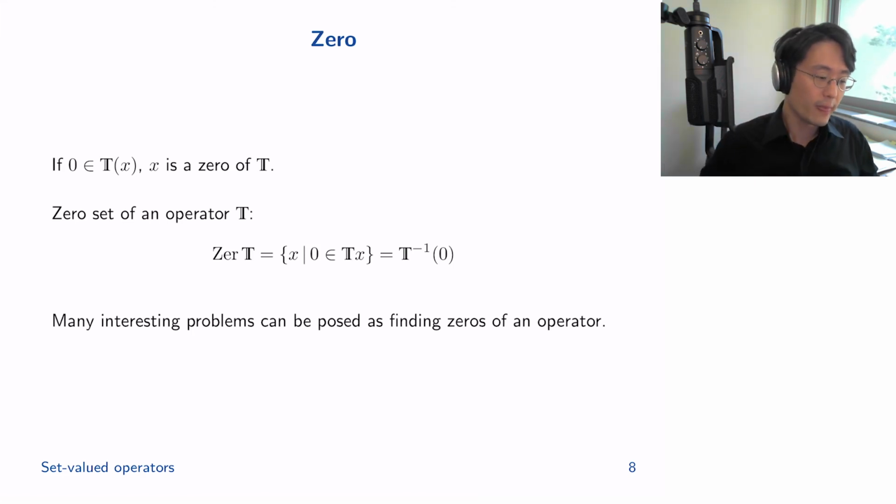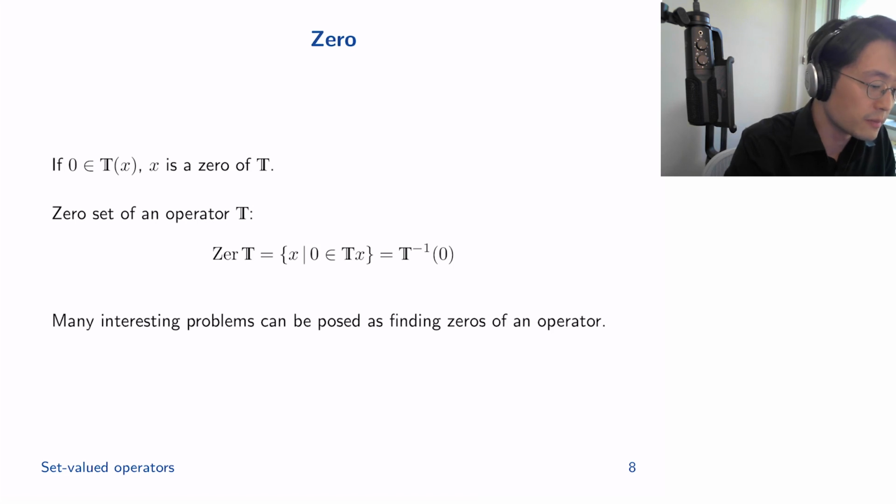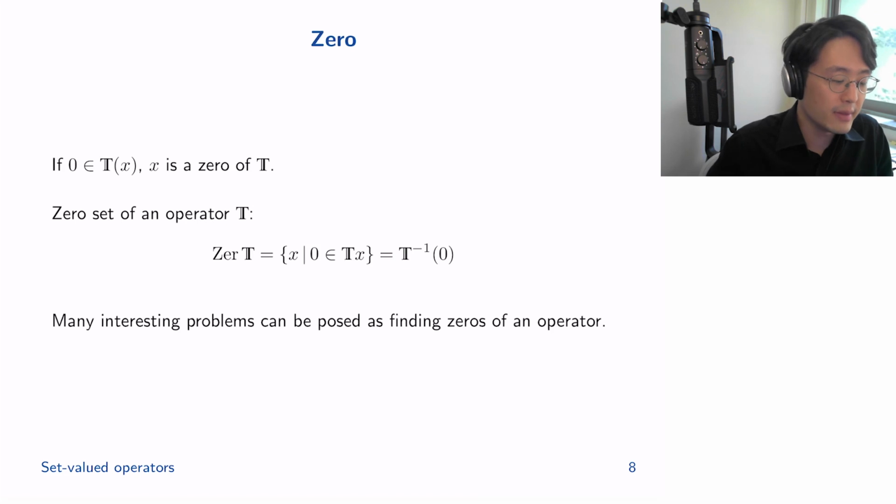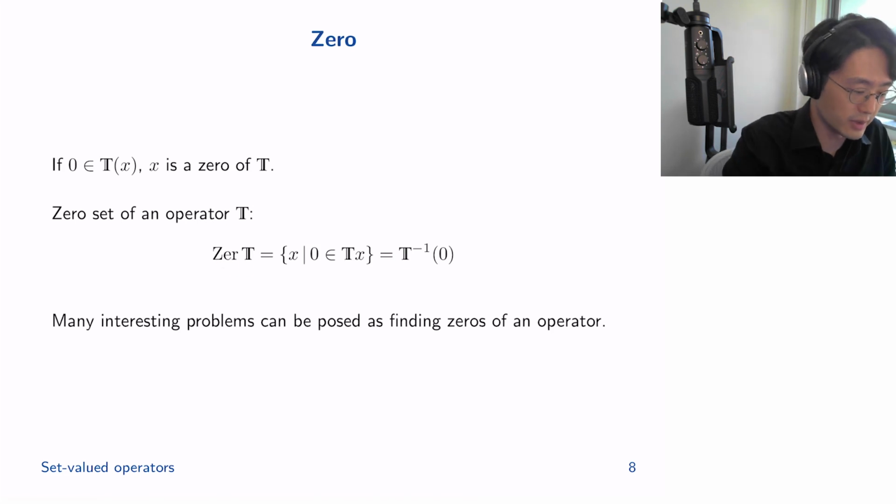So for a given input operator T and a given input X, if 0 is contained in the output, we say X is a 0 of the operator T. The set of zeros of an operator T is written as zer T, and that's the set of X's such that 0 is within the output set Tx.